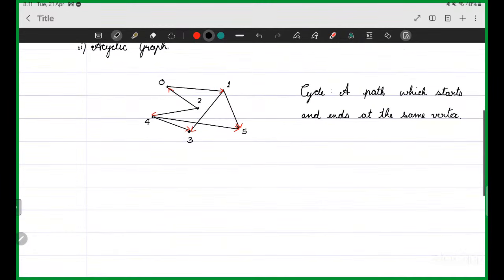Now, in the case of a directed graph, this will also be a directed path, meaning you cannot travel from 1 to 0, for instance. Only one direction of travel is permitted. Now, is there any cycle in this? Can you quickly just see and say?